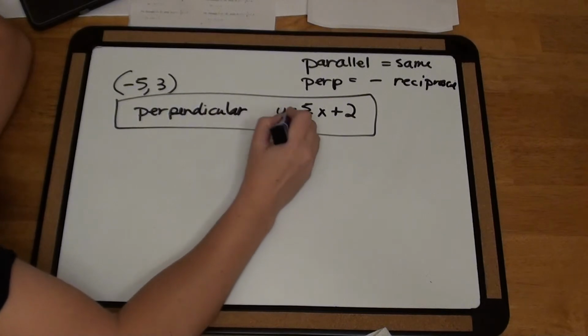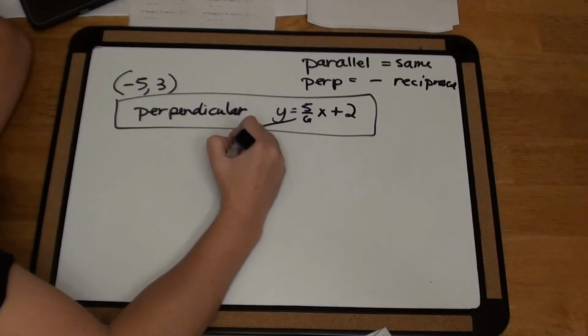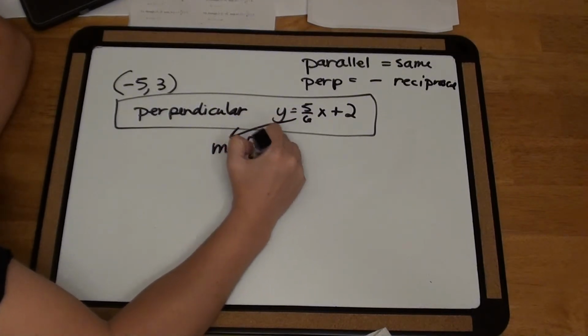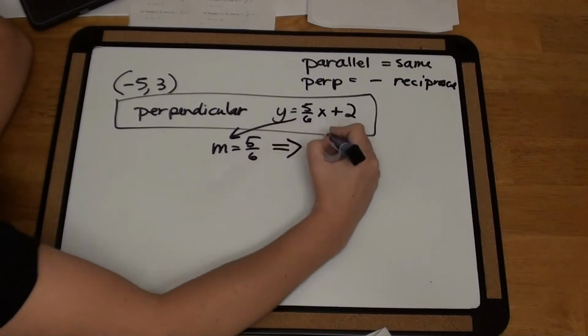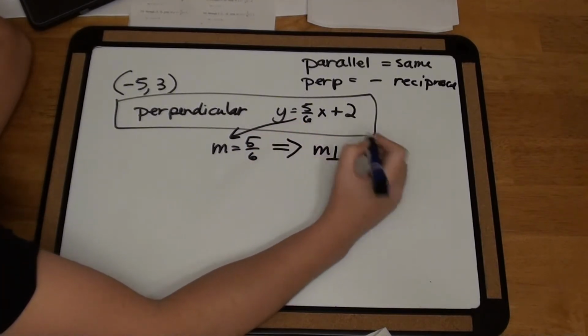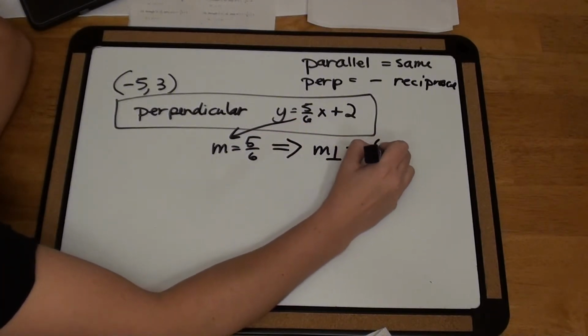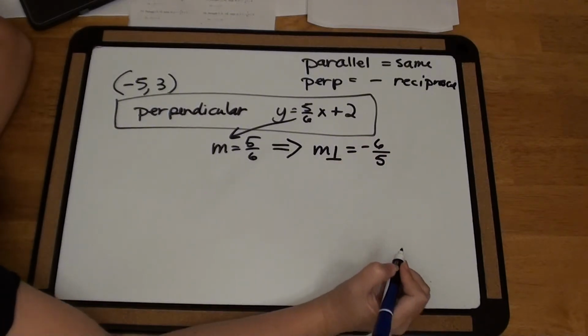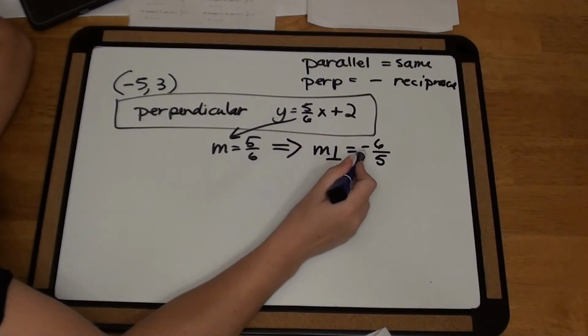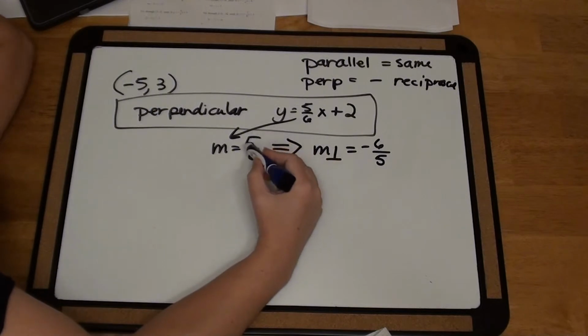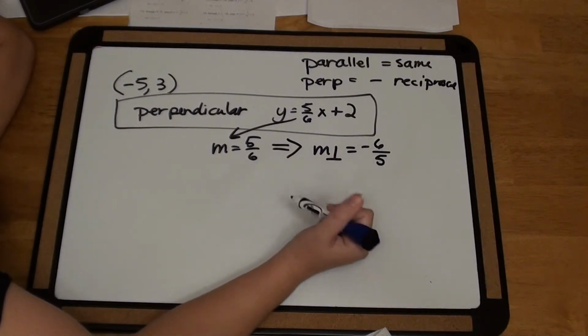So we're going to take the slope of this line. The slope of this line is 5/6. That means the perpendicular slope to that would be negative 6/5. I make it negative, so positive 5/6 becomes negative 6/5.